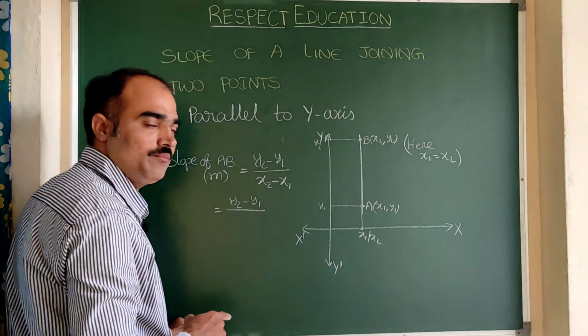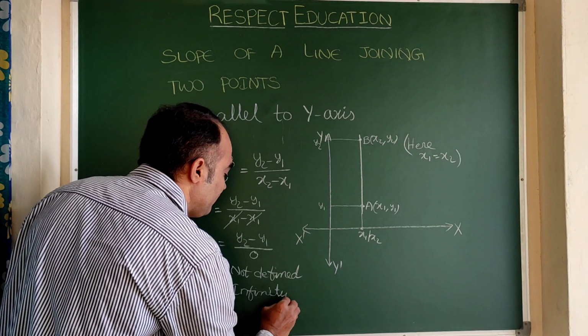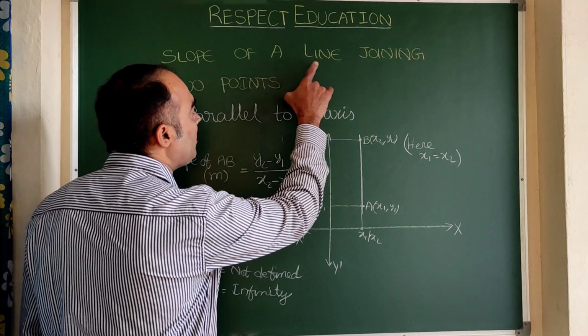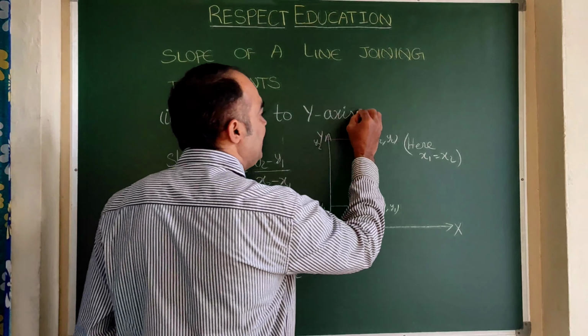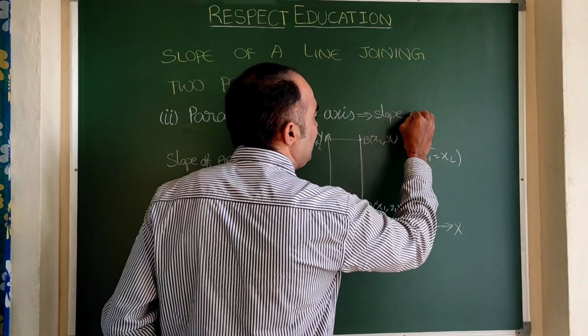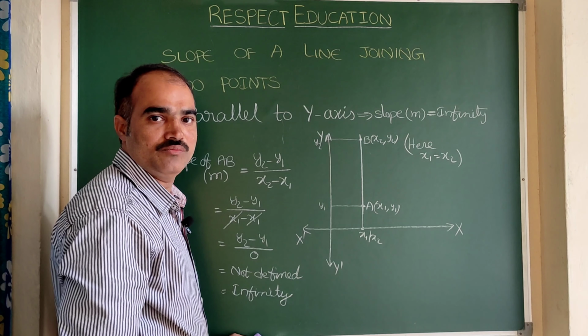So here, slope of a line joining two points, if those points are parallel to y-axis, in this case, slope m is infinity, or we can say that it is not defined also, right?